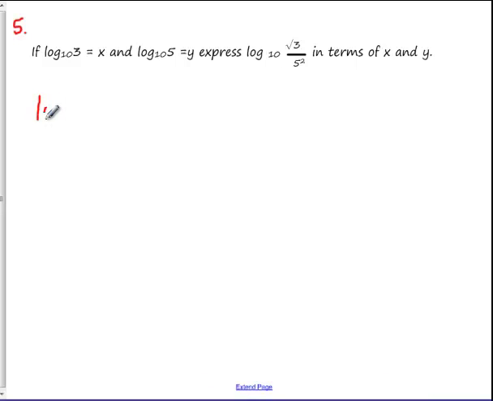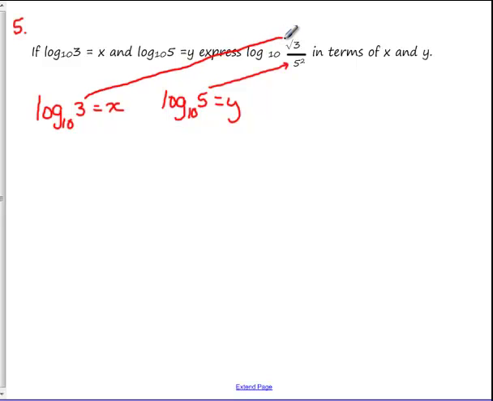I know that every time I see the log of base 10 of 3, I can replace it with an x. And I know every time I see log base 10 of 5, I can replace it with a y. And if I'm looking at this problem, looky, I got a 5 in there, I got a 3 in there, and I got a base 10 in there. Somehow I got to get those into play.